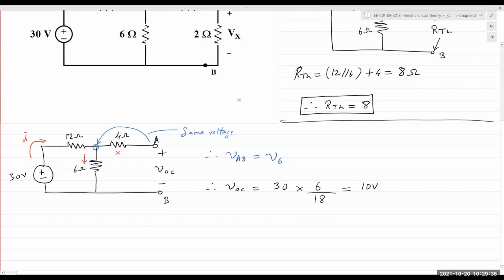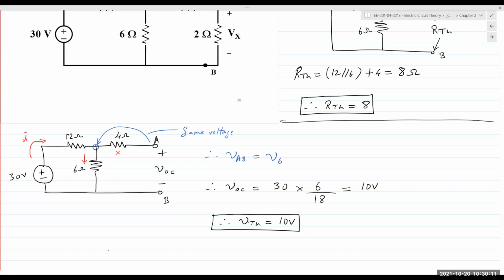So my VTH is 10 volts. VTH is 10 volts. That makes sense. The analysis portion, again, you can use any tool at your disposal.